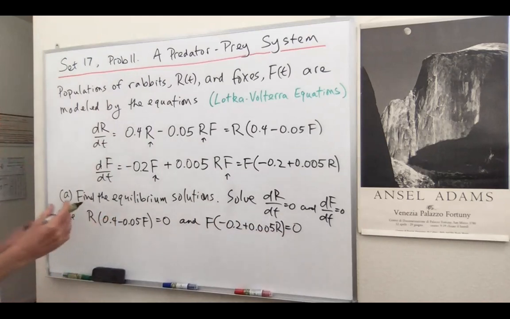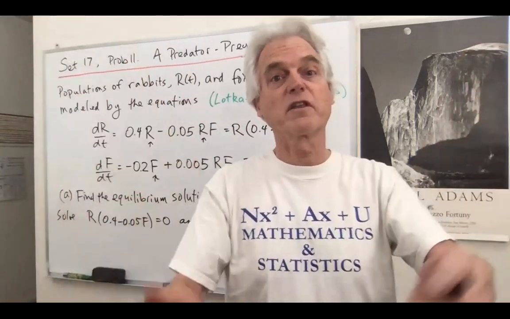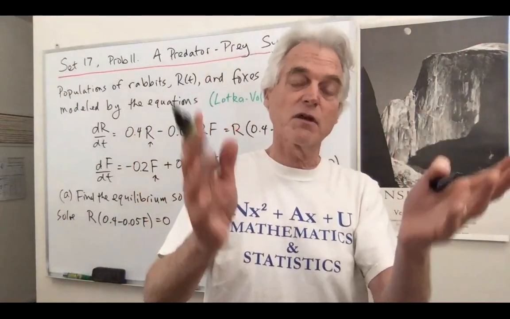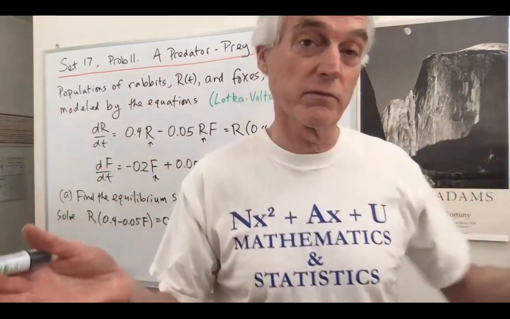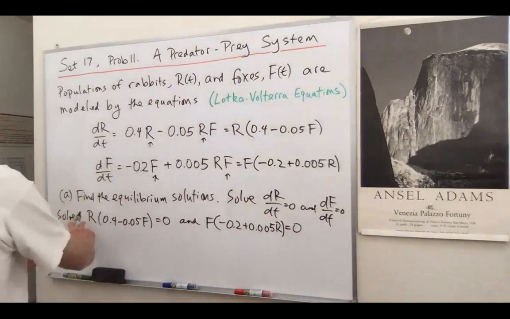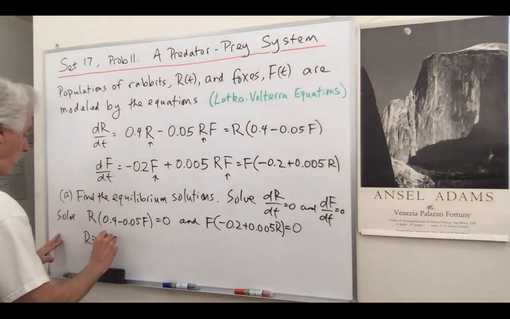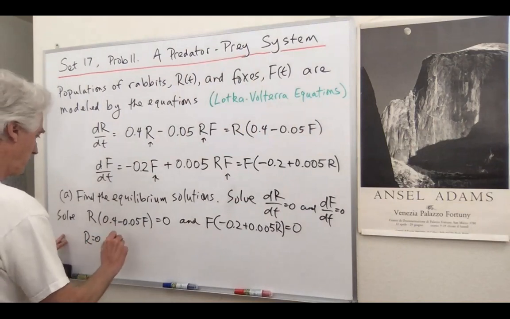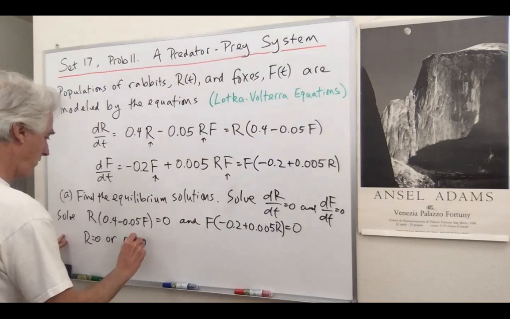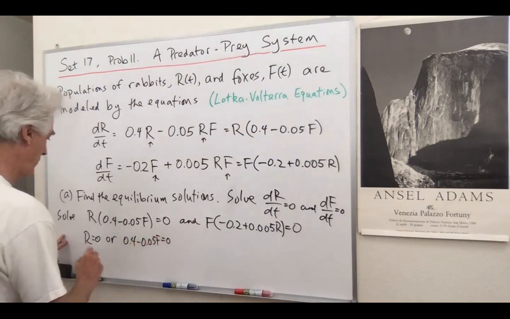I factored it here because when we solve equations, we love to factor them, because if a times b is 0, then either a is 0 or b is 0, or perhaps both. So if that times that is 0, we get r equals 0, or 0.4 minus 0.05f equals 0.